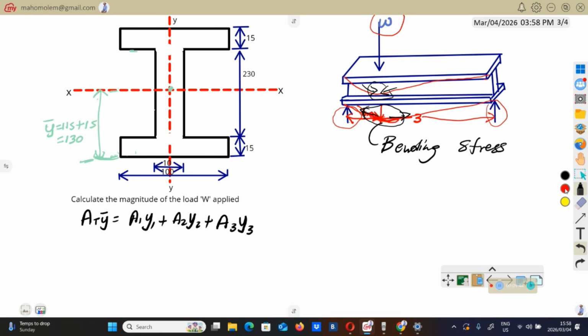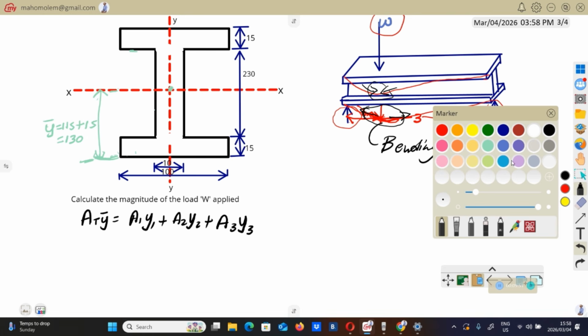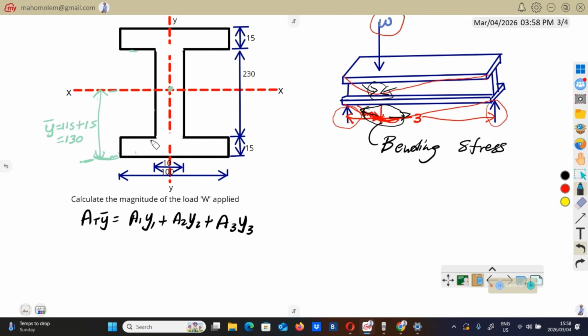So what I'm going to do now, I'm going to break this thing into rectangles like this. I'm going to draw a line here like this and like that. So we're going to have about three rectangles, rectangle number 1, number 2, and number 3.